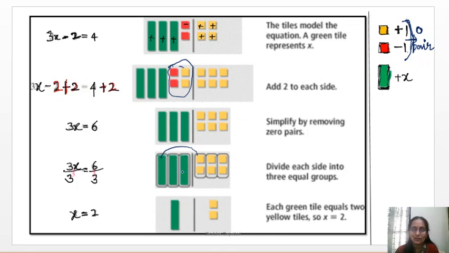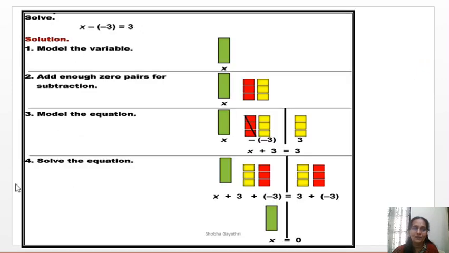There are 3 groups on the right side also. Equate one green strip to one group. It consists of 2 squares, right? So 1x equals 2, you got. So the value of x is 2. x equals 2 is the solution of the equation.